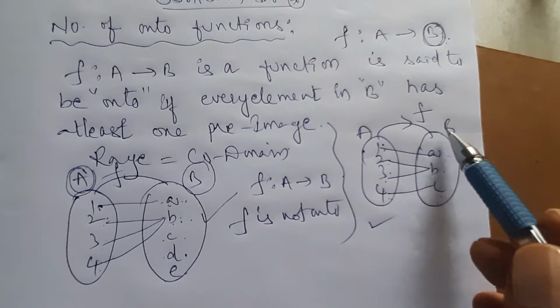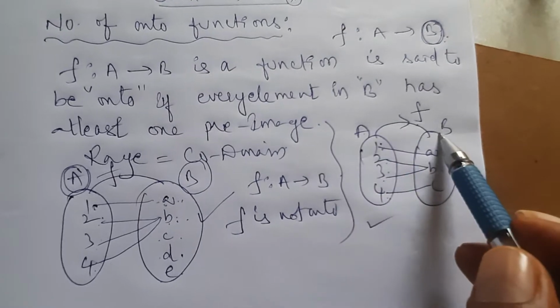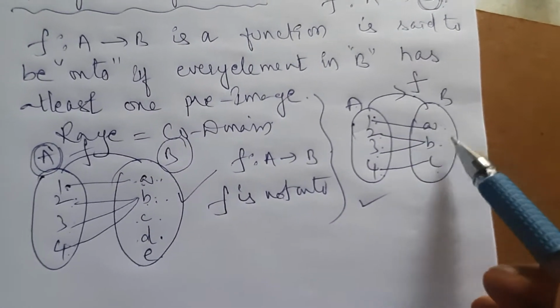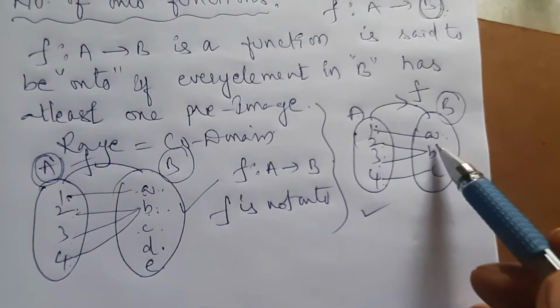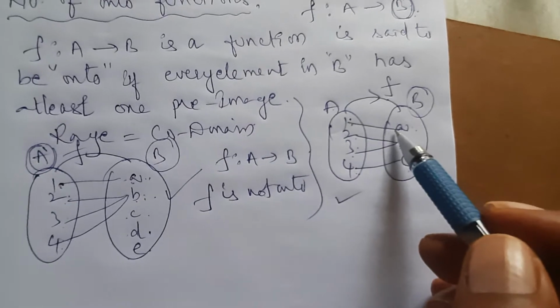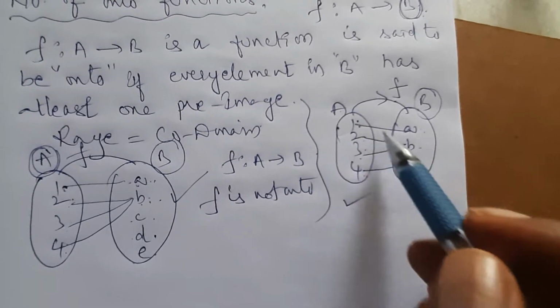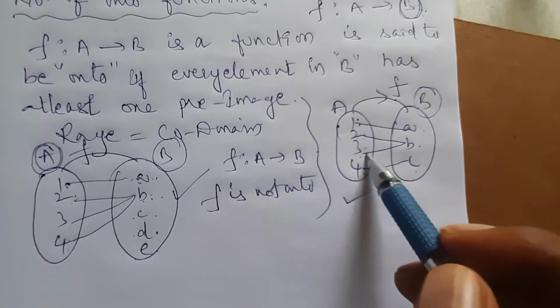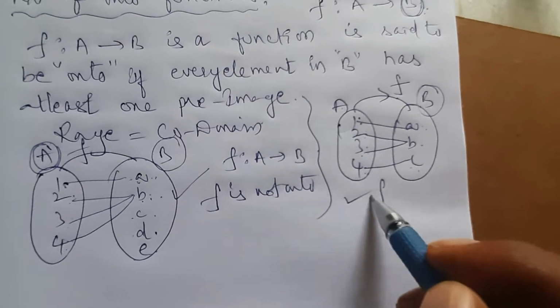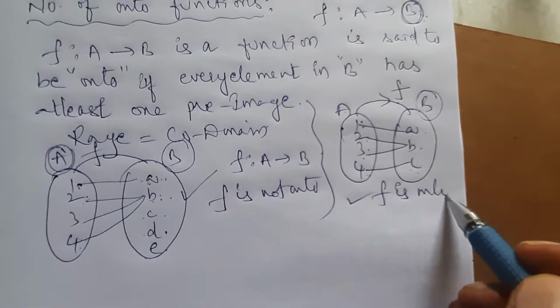Onto means if f from A to B is a function, every element in the set B has at least one pre-image in A. So a has one pre-image and b has two pre-images. Let it be, not an issue. c has one pre-image. So here f is onto.